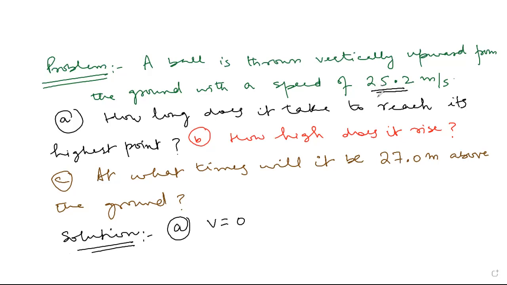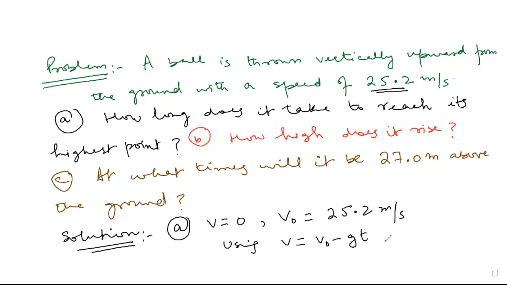We're throwing the ball with this velocity, so our v naught is 25.2 meter per second, and we have to find the time taken by the ball to reach its highest point. So we can use this equation, v equal to v naught minus gt. We have to solve for the time.